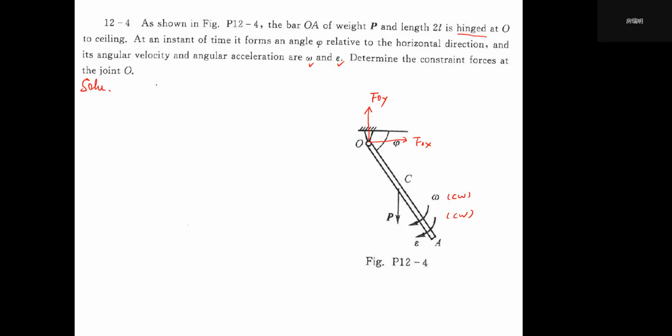Because we have the theorem of motion of the center of mass, we have MAC equal to sigma F. Here we can use its projection form: MACX equals sigma Fx, and MACY equals sigma Fy.